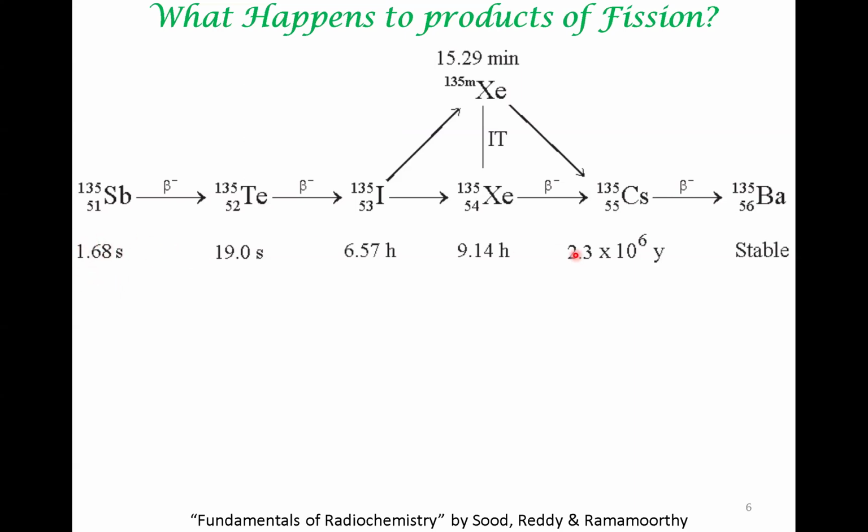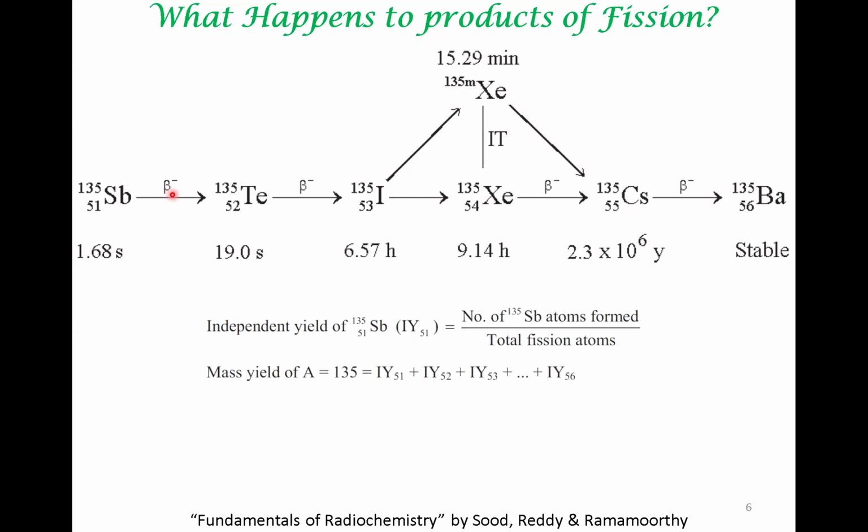Half-life here is 1.6, half-life here is very large. So all these things can occur. It is dependent on the fragment. Eventually, you end up with a stable nuclei. So these chains are fairly complex, and it depends upon the fragment which is being considered.